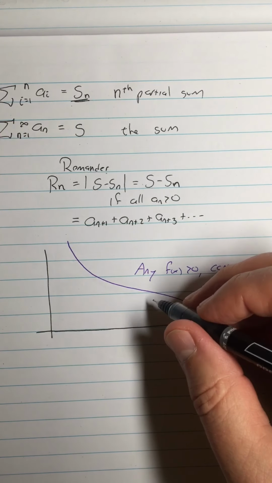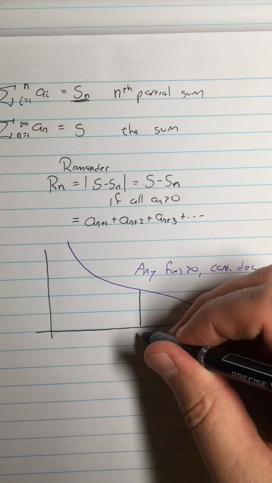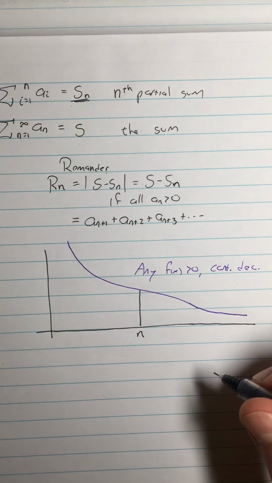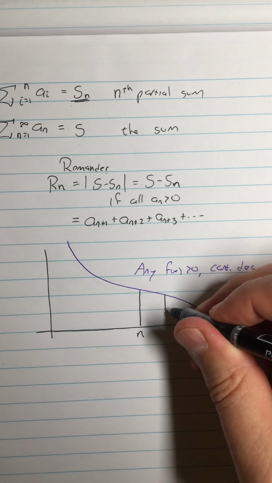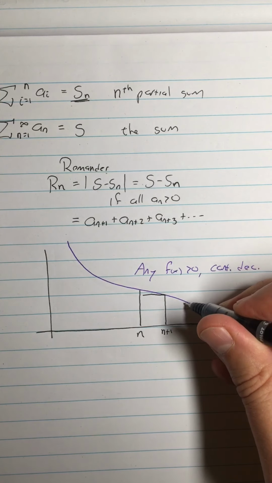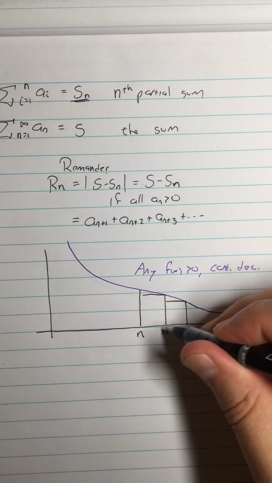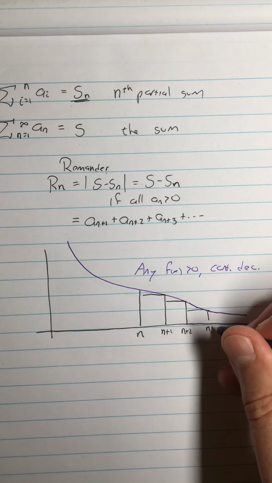So let's look at a right Riemann sum on that. If we go to the point n on the x-axis, n being the number of terms I'm summing up, then the next whole number over is n plus 1, and I'm going to build a right Riemann sum starting with that n plus 1 and n plus 2 and n plus 3.